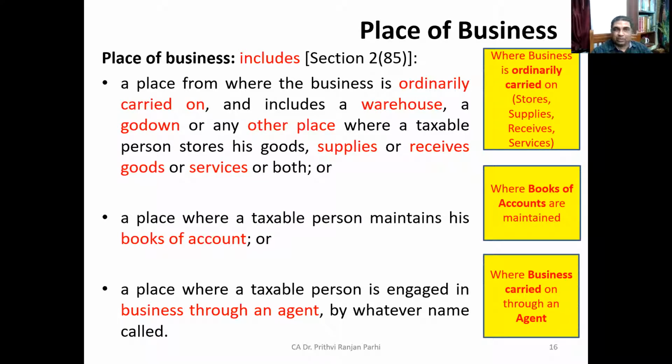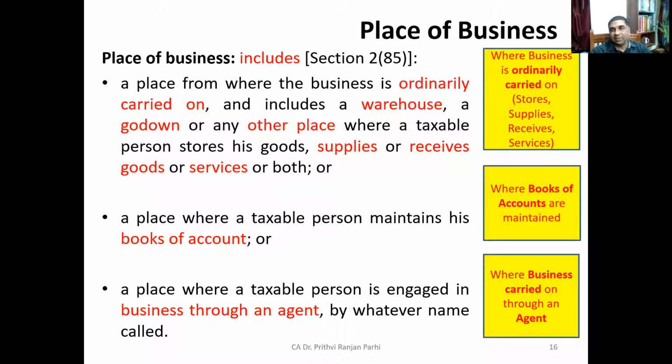That place can be referred to as the place of business. Okay, where the business is ordinarily carried on. And this place includes stores, warehouses, godowns, and other places where supplies are made, goods are received, services are provided. This is the place of business. I think this part is okay.